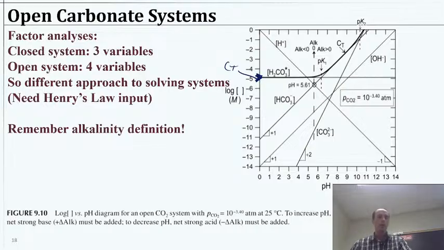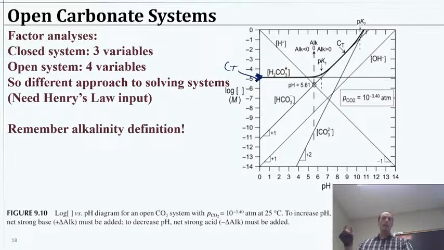One other thing I wanted to note: the caption for this particular figure. This is for a partial pressure of 10 to the minus 3.4 atmospheres. Now it notes that to increase your pH, a net strong base must be added. To decrease it, you have to add a net strong acid.